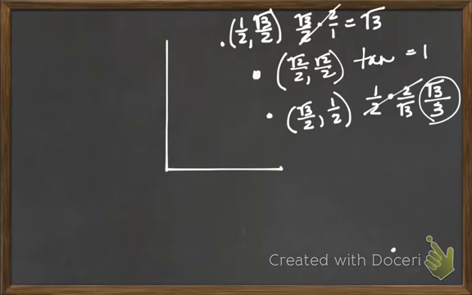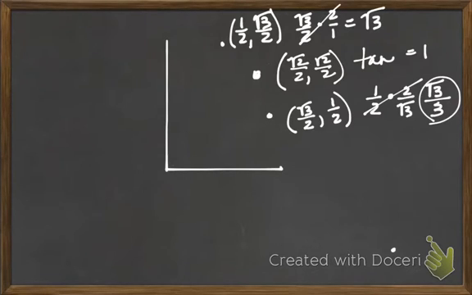So I really don't want you to have to divide y by x every single time. So at the 45s, the tangent's either going to be positive 1 or negative 1. At the upper point, when you're dividing by 1/2, the tangent's either going to be positive square root of 3 or negative square root of 3, depending on what quadrant you're in. And at that bottom point, when you're doing 1/2 divided by square root of 3 over 2, that tangent value is always square root of 3 over 3, positive or negative, depending on your quadrant.